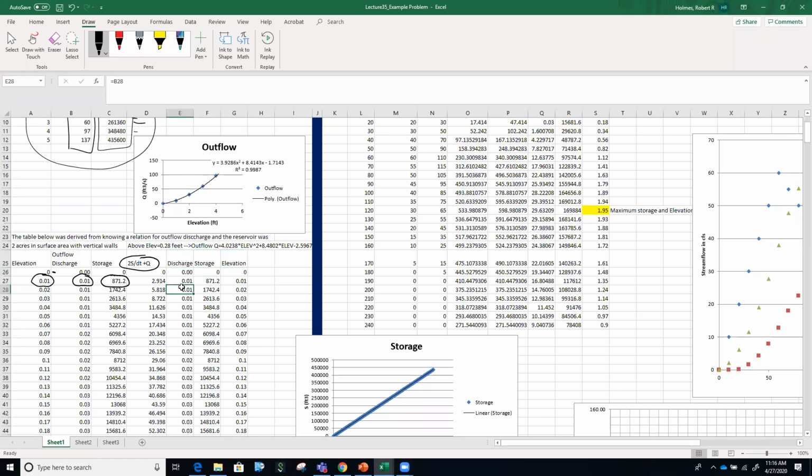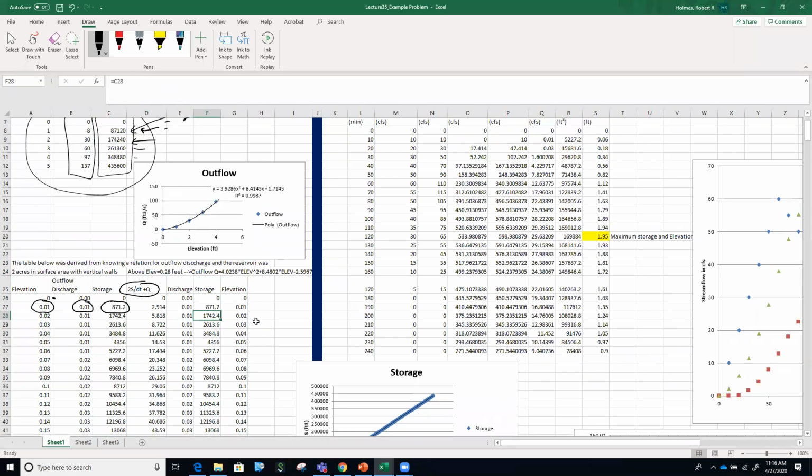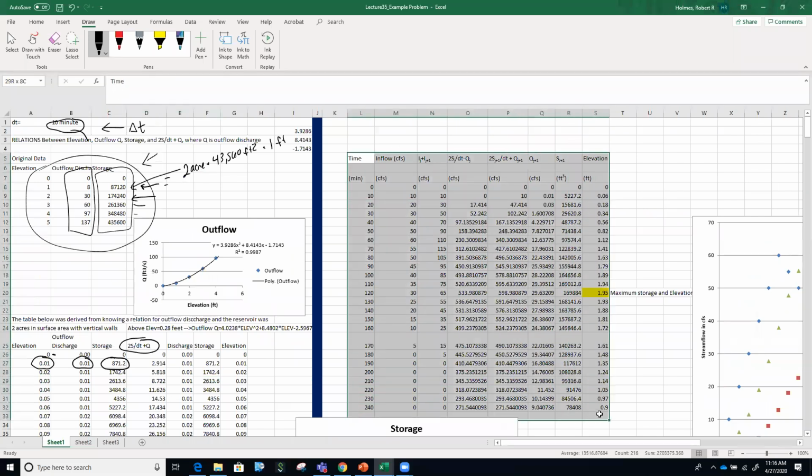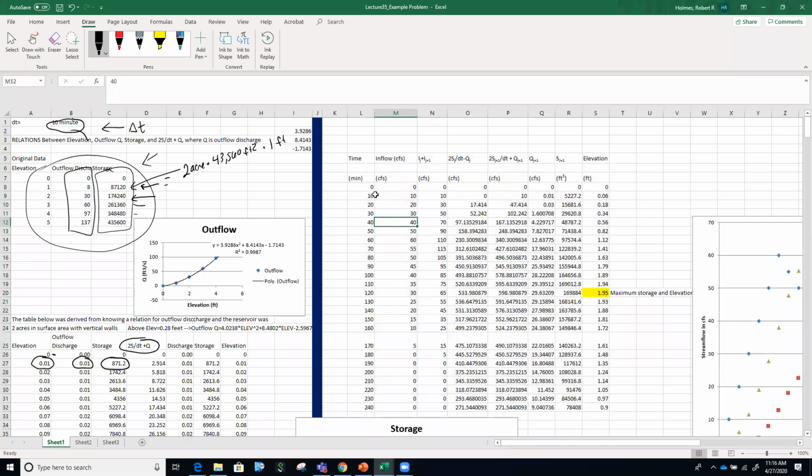If I've got a value of discharge here, I can get a commensurate value of the storage. I'm just restating those, which makes it easier later when I start the modeling process. So up here at the top, this is the modeling. This is the level pool model that we use here, so let's go through this.